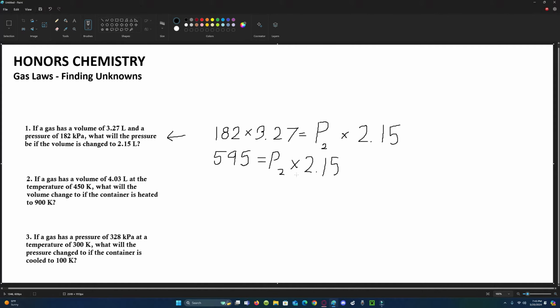Now we would treat this like an algebra equation once again, because we're going to treat P2 as a variable, because it is. We don't know what it is. And we have this 2.15 that is multiplying the P2. So what we'd have to do is cancel this out by dividing both sides by 2.15.